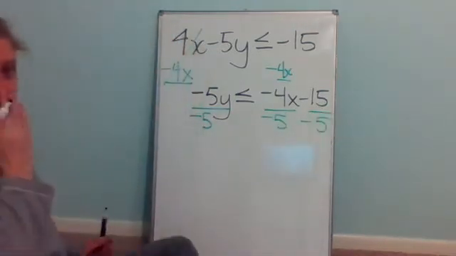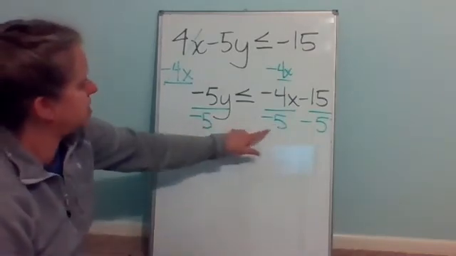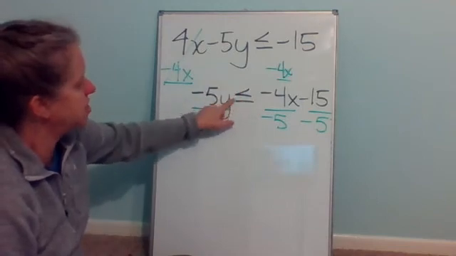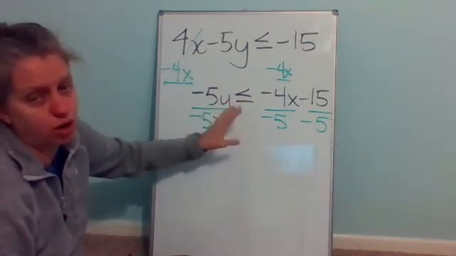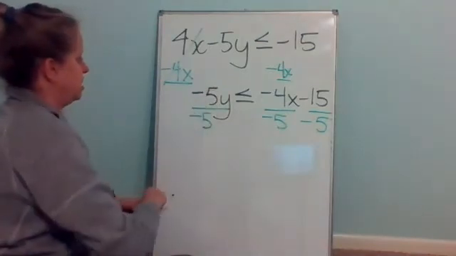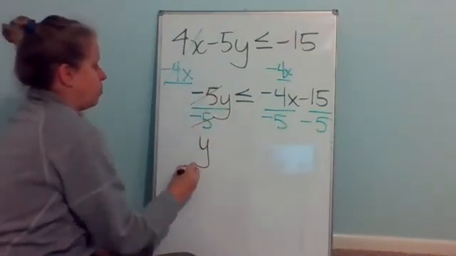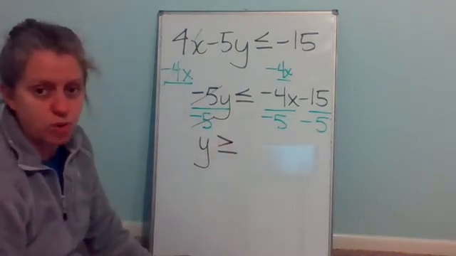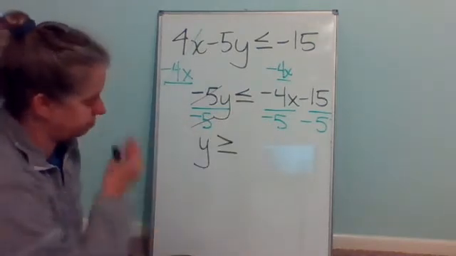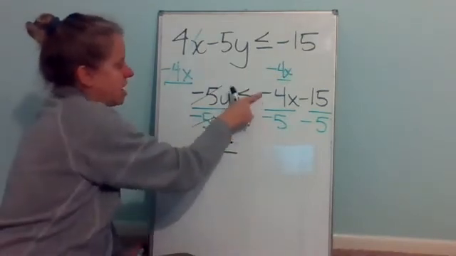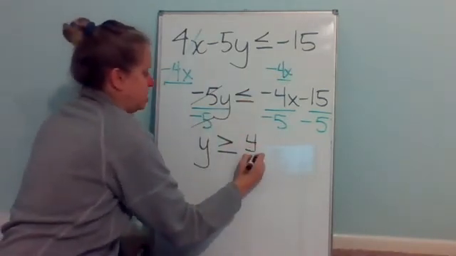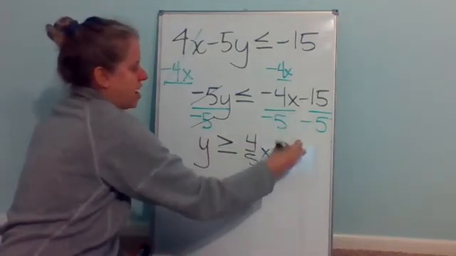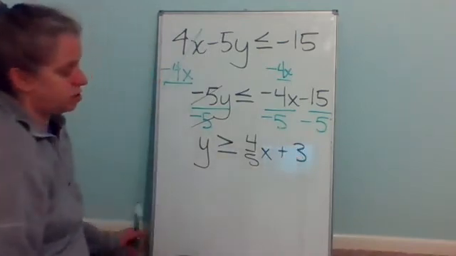Remember what happens when you divide both sides of an inequality by a negative number: this symbol is going to turn around. So these -5's cancel. There's my y. Instead of pointing to the left, now it points to the right because I divided by this negative. Here, a negative over a negative turns to +4/5 x, and -15 over -5 is +3.